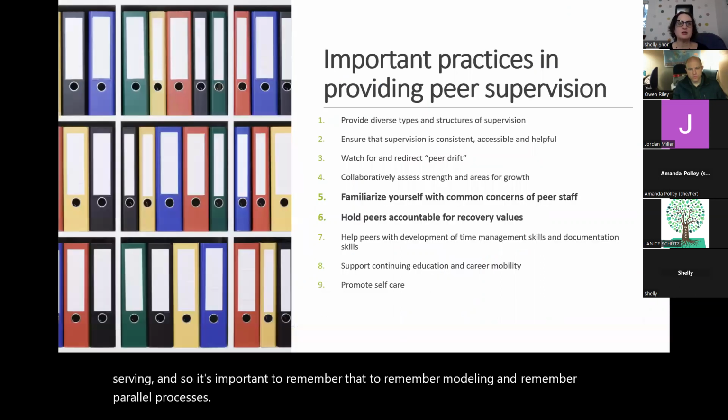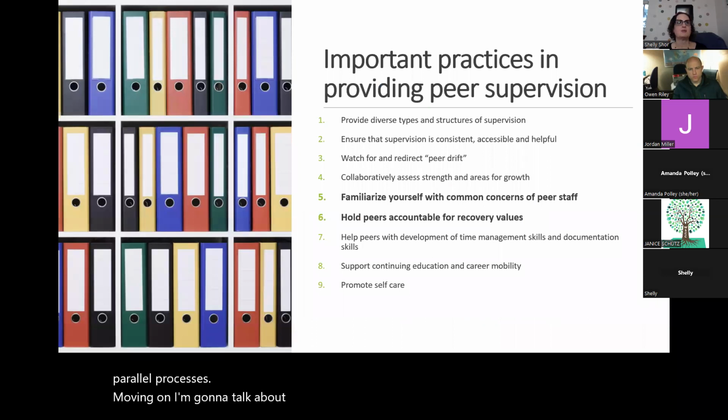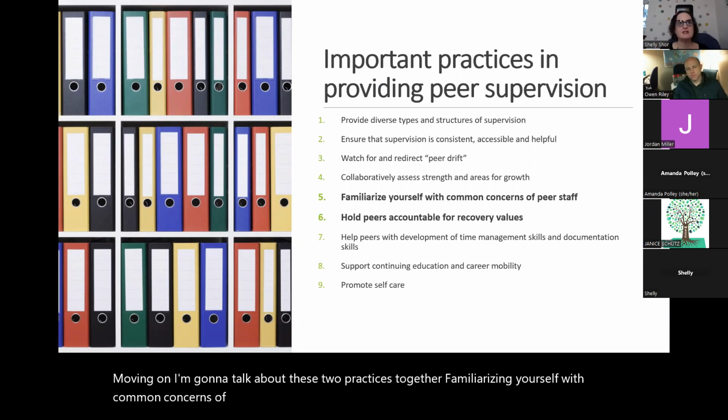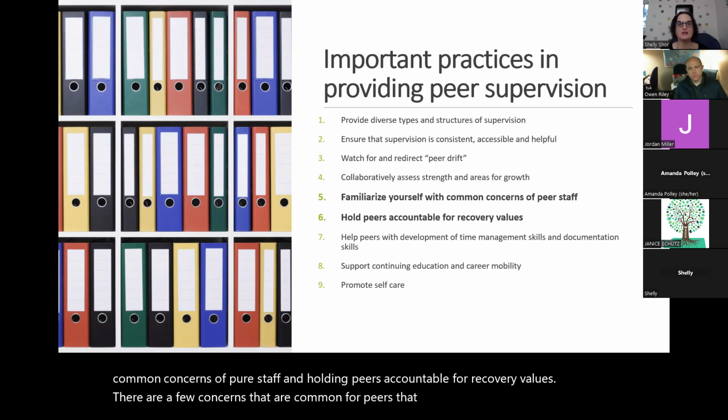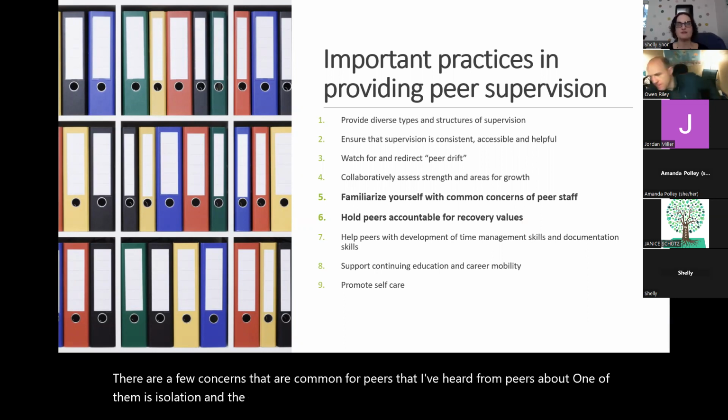Moving on, I'm going to talk about these two practices together: familiarizing yourself with common concerns of peer staff and holding peers accountable for recovery values. There are a few concerns that are common for peers that I've heard from peers about. One of them is isolation and the lack of integration with the other staff.